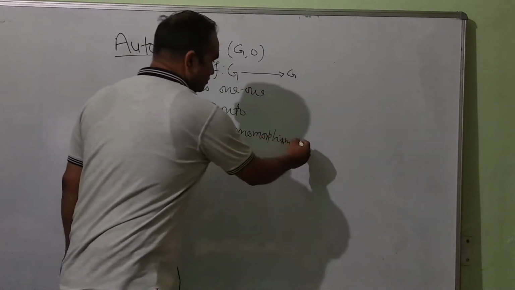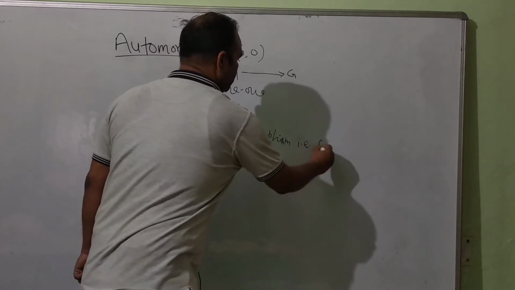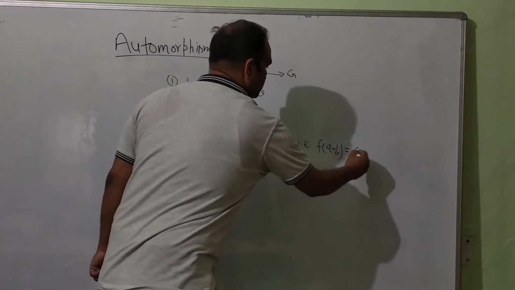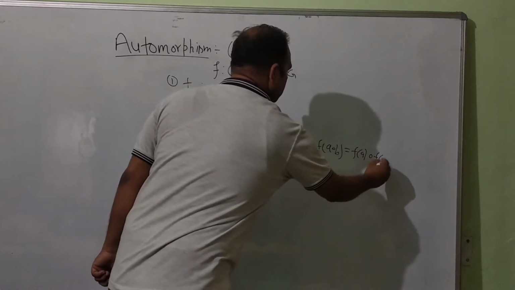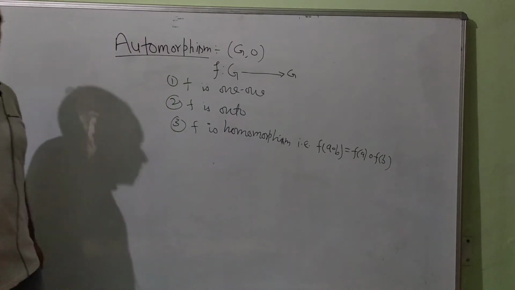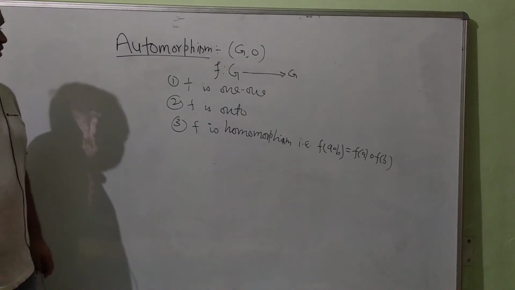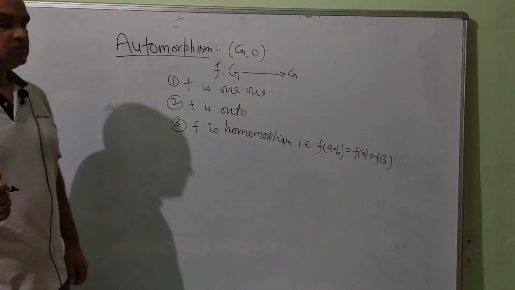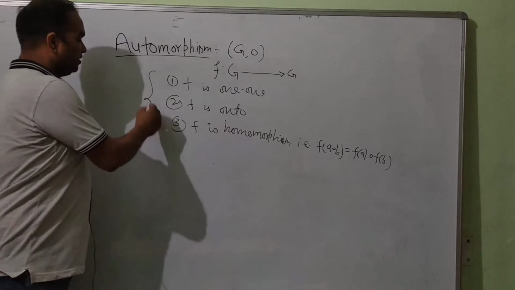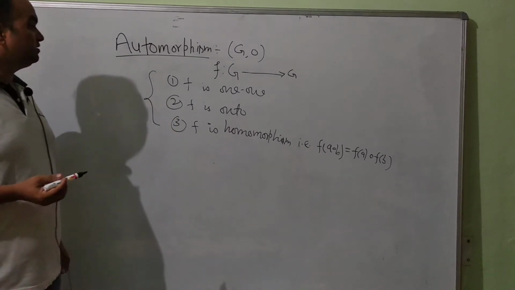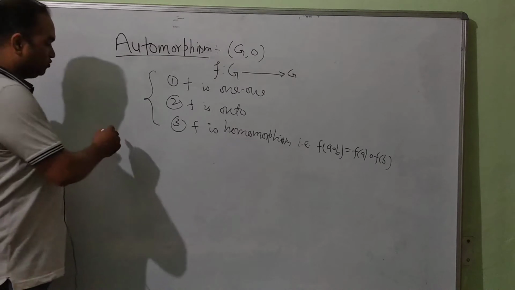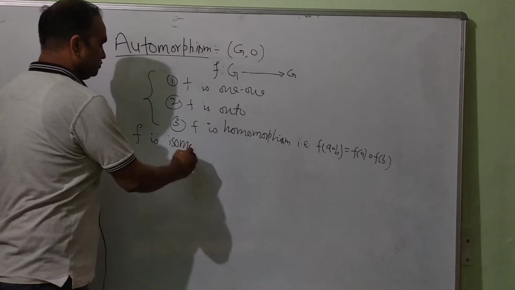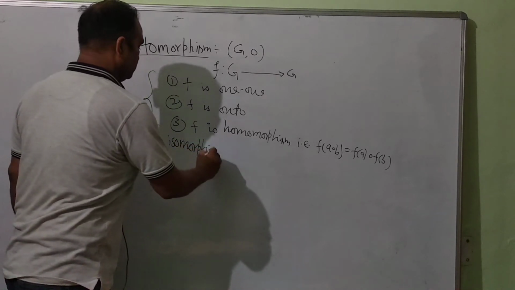That is, f of A operation B is equal to f of A operation f of B for every element A and B belongs to G. So these three properties mean that f is homomorphic, f is isomorphic, or we can say f is an isomorphism, right?